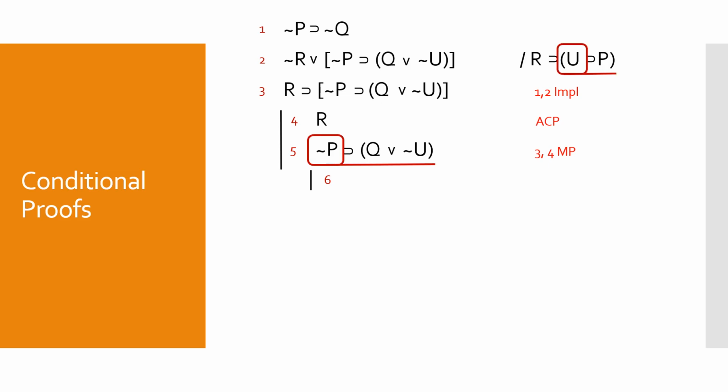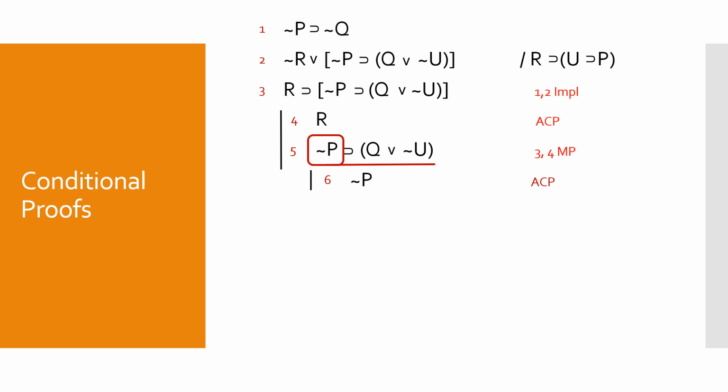Now, the two most obvious options here are going to be either that we assume U is true, and then we work from that second conditional statement that is the consequent of our conclusion, or we might start with number 5 here, and we want to assume that not P is true to see what we can get from this. So let's think ahead a few steps to see which of these will be a better option. If we start with U, then it turns out we'll probably have to add Q somewhere along the line in order to isolate P out of this.